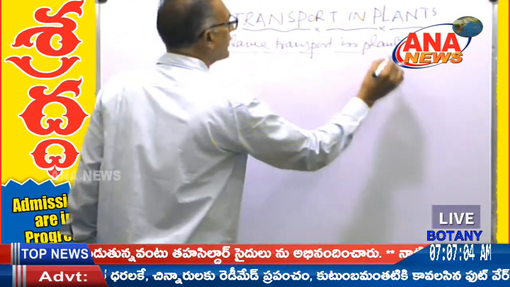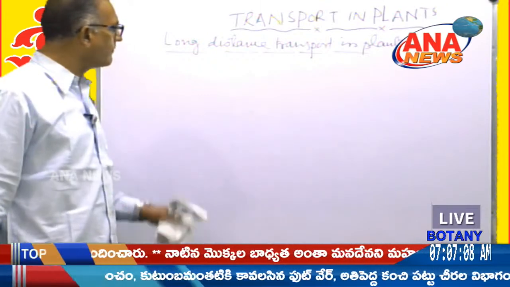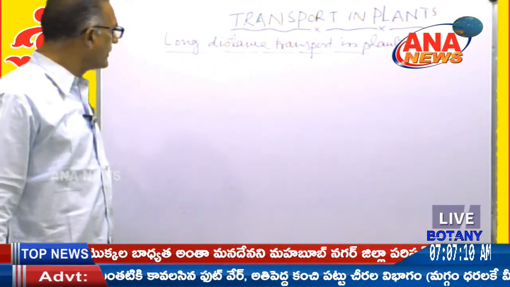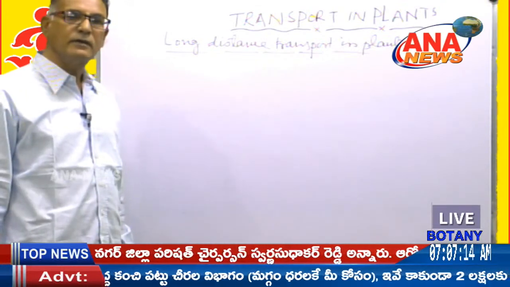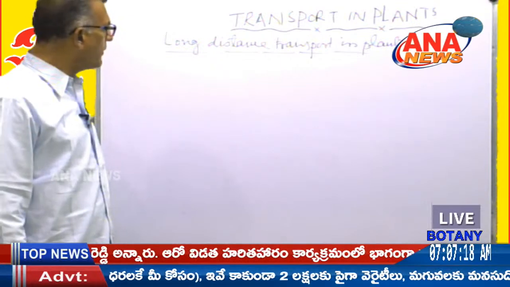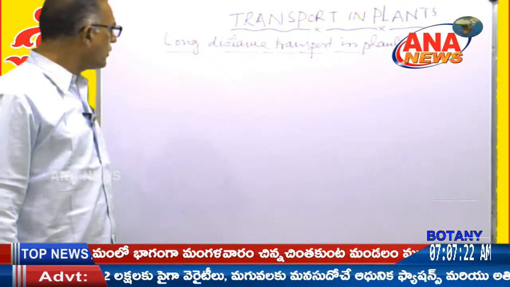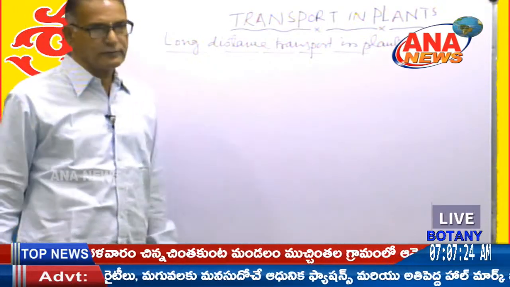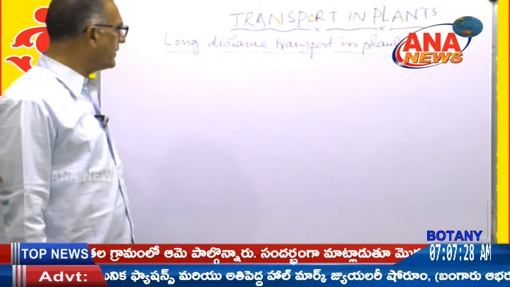Whatever we discussed in previous classes, the processes of transport, diffusion, facilitated diffusion, water relations, water potential, imbibition, and plasmolysis, are shorter distance transports. So how does long distance transport take place in plants? Let me recall that.